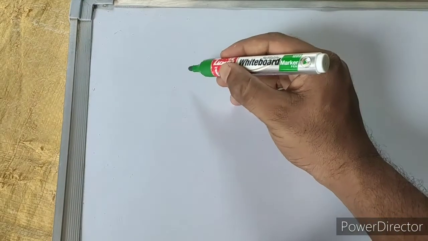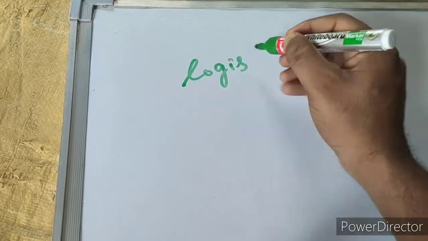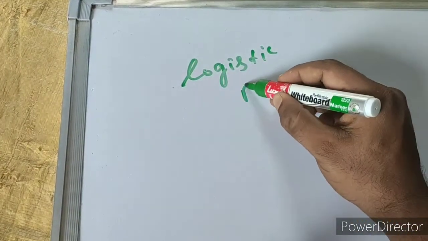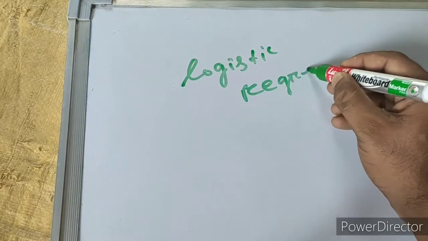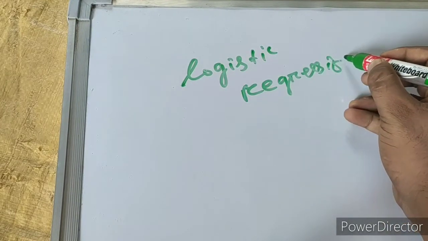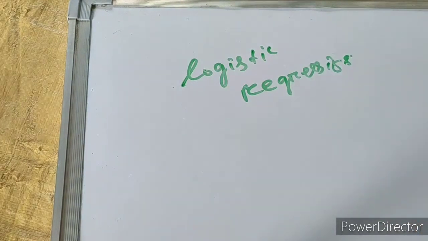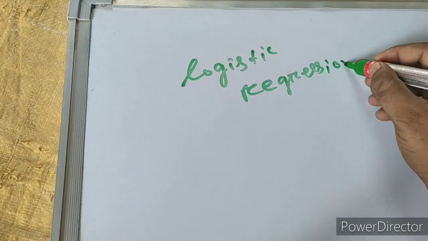We have already seen logistic regression, and in logistic regression we have seen how binary classification happens. In that binary classification, what happens, we need to understand one value.